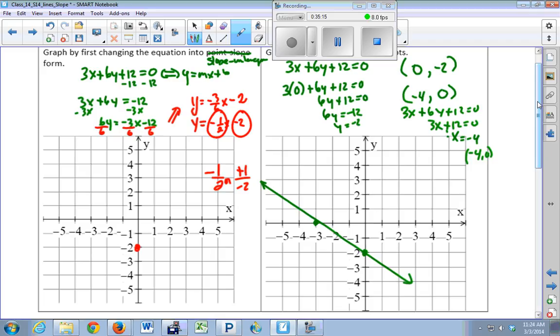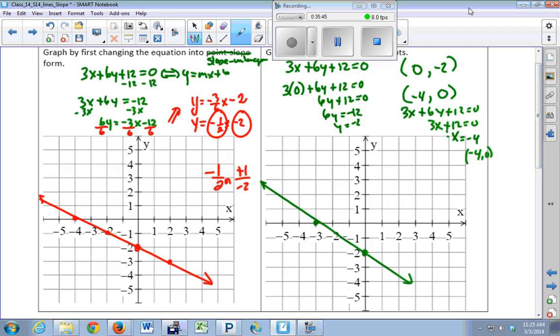And you're going to get exactly the same line that we got a few minutes ago. So you can determine which of these two methods you think is easier to graph a line if it's given to you in the general form. I have my own opinion on this, but you may have a different opinion.